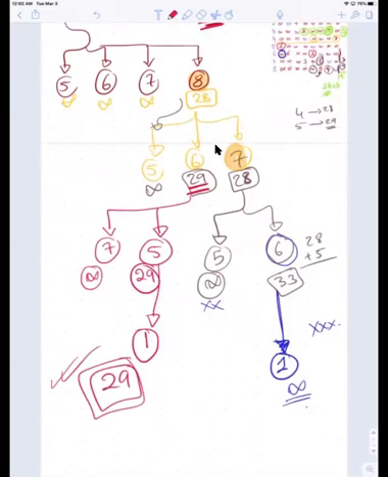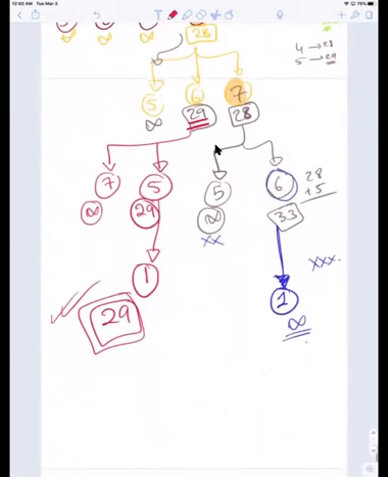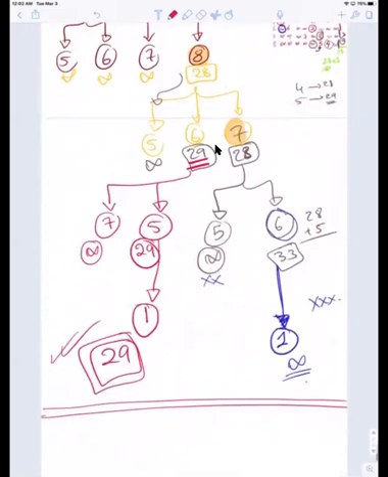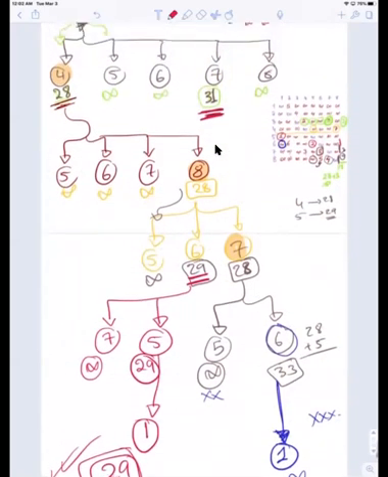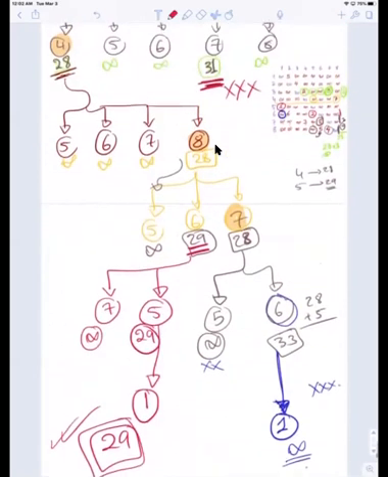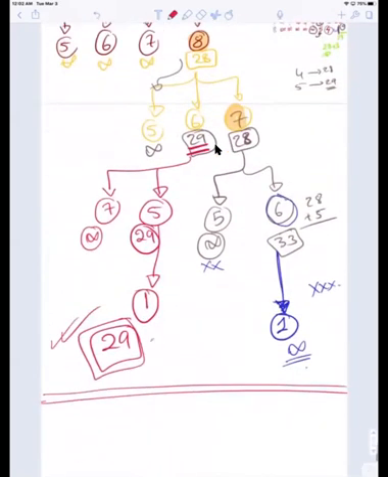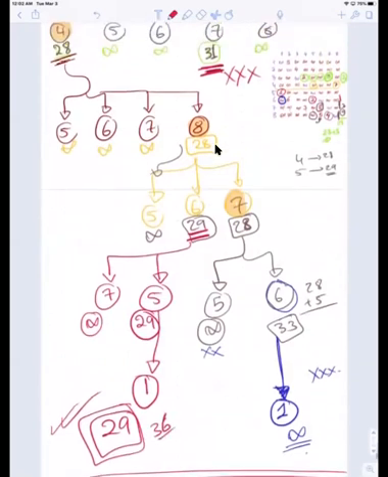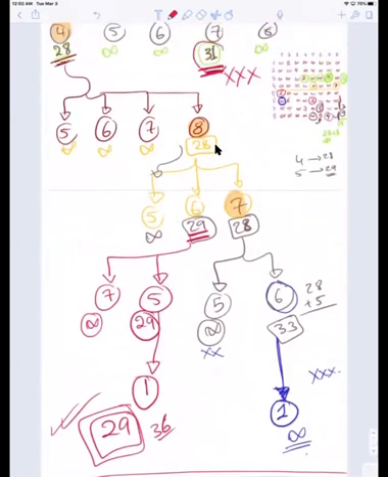Okay, so that means I have finished this problem with a bound of 29 only. That means it's correct. And now I do not have to visit this one because it's already bigger than the bound I have. If this one was, for example, 36 and this one is 31, I would have explored this one.